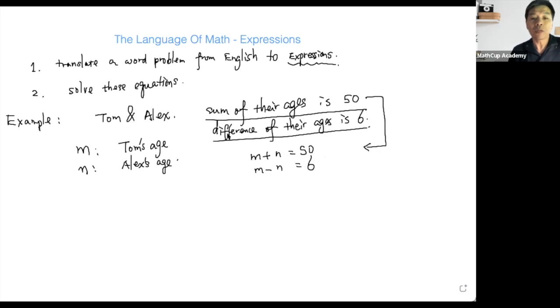But the most important thing for the focus of this class is how we translate the English into expressions. So what is an expression?